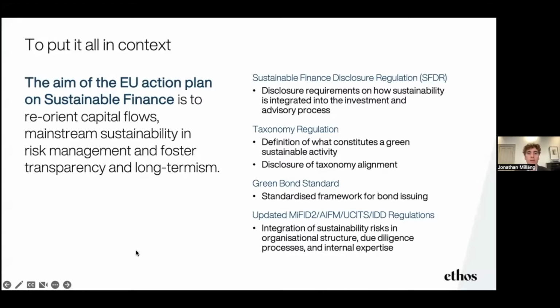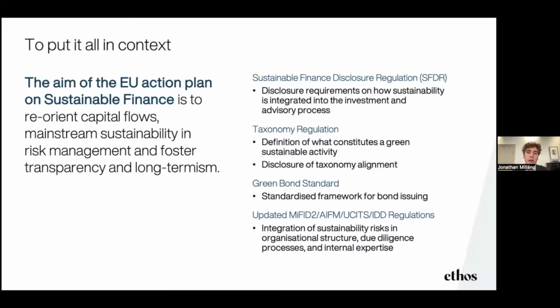The Sustainable Finance Disclosure Regulation is rather not a classification system, but a transparency regulation. So if you're talking about ESG or sustainability in some way, then you must report information in a certain way according to the SFDR for financial products.